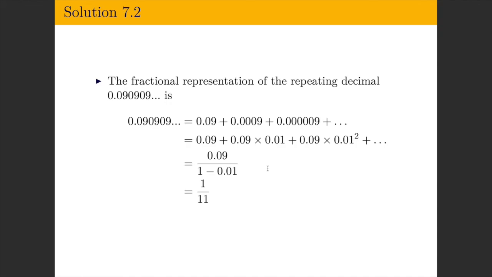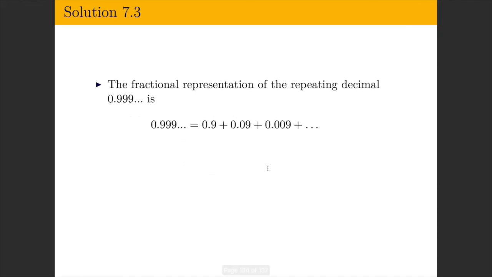And finally today, we're going to look at a very mysterious property that might surprise you. We're going to be looking at the repeating decimal 0.9999 forever. So again, we can rewrite 0.9999 recurring as 0.9 plus 0.09 plus 0.009.